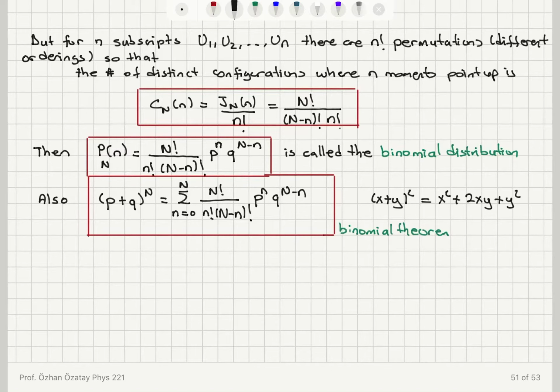Due to this theorem, we're calling this the binomial distribution. Now, this theorem actually tells me something about this distribution.